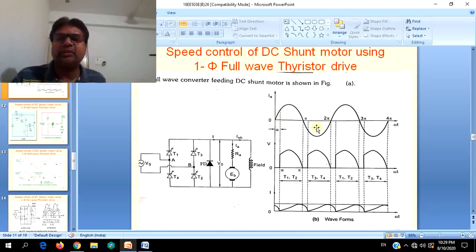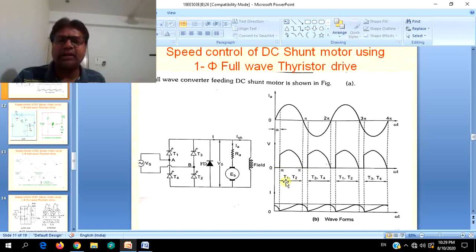See, this is the supply voltage, not IA, the supply voltage, and it is a full wave rectifier bridge, so actually the load voltage will be UDC, and these SCRs are controlled such that they will be fired at alpha.